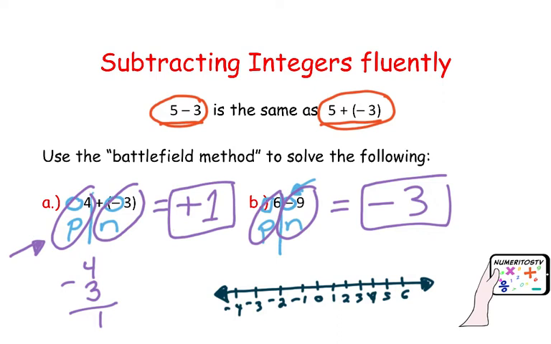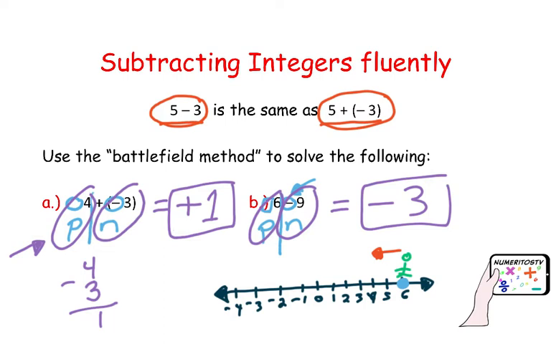So if we do 6 minus 9 on the number line, that means that we need to start on +6. You're standing there on 6. And then it says -9. When you see that minus, it tells you to turn to the left and walk 9 units.